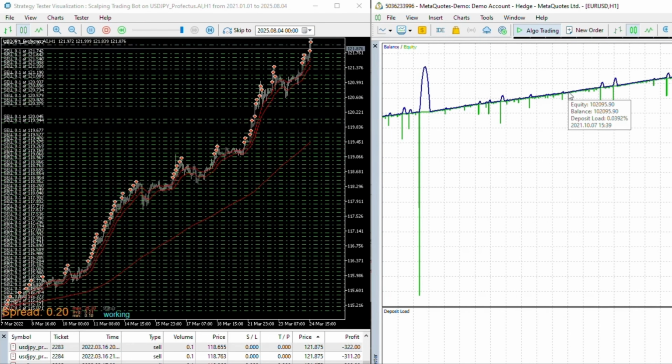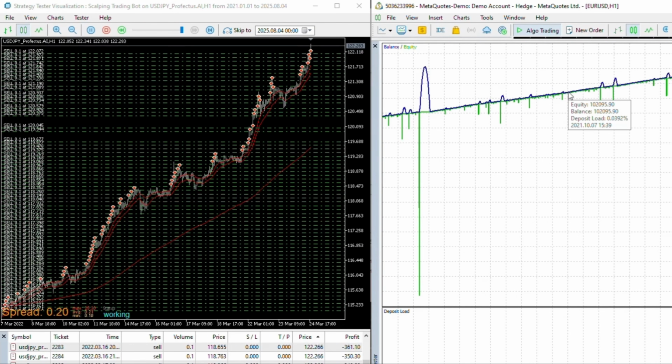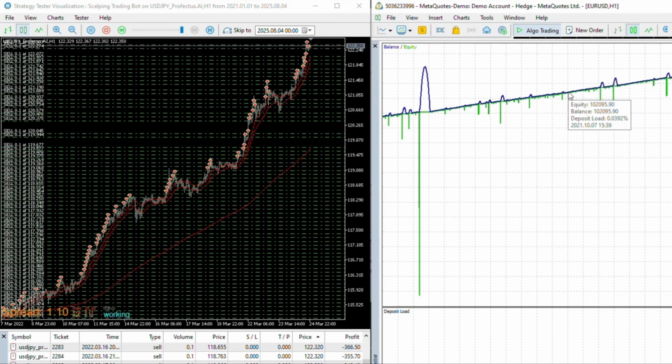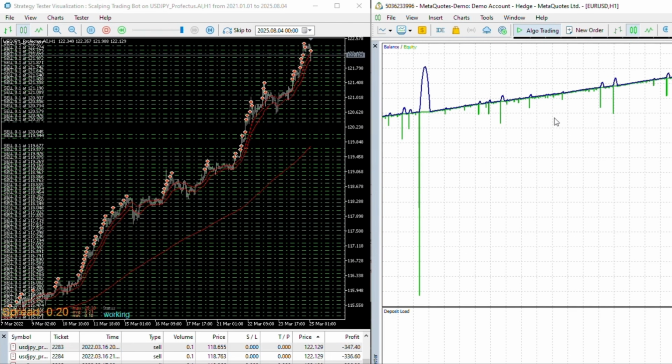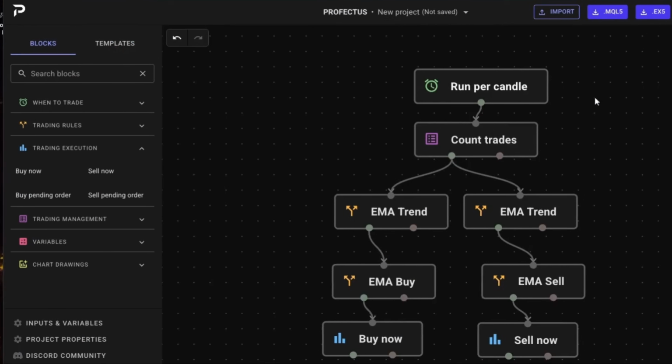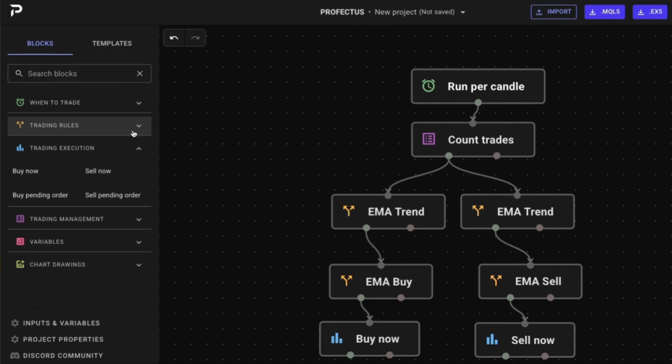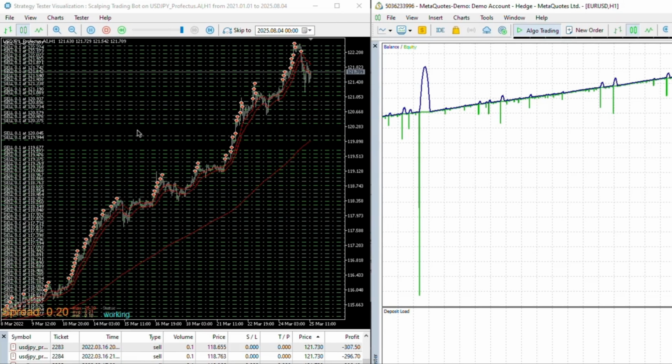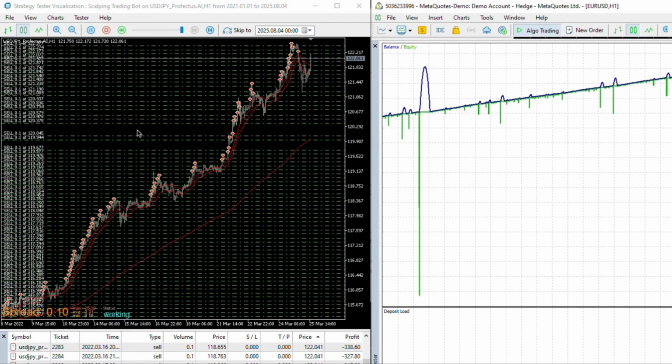By doing that, you can avoid over-optimizing and curve fitting your trading system by adding too many indicators, some weird price action indicator or whatever you want to add here on Profectus AI, because there is virtually no limitation regarding your fantasy, how you want to enhance or even build your system from scratch.